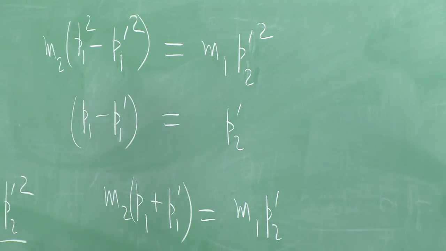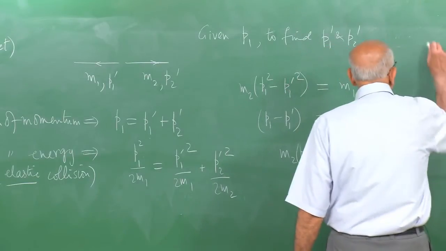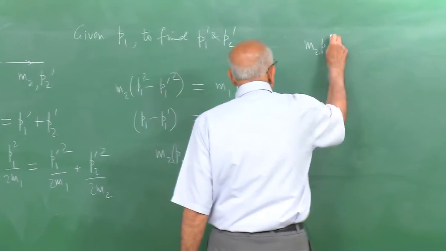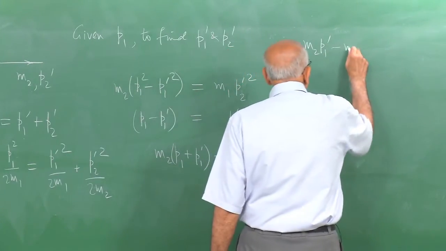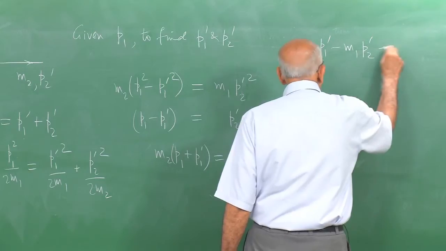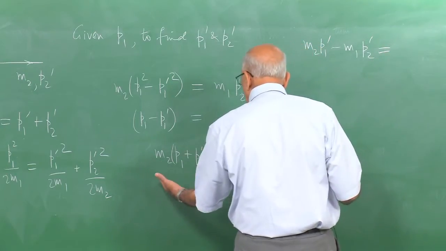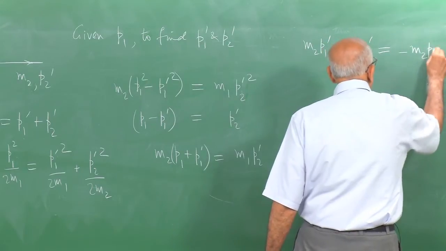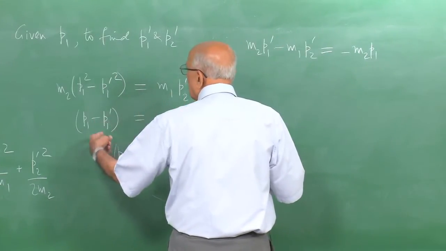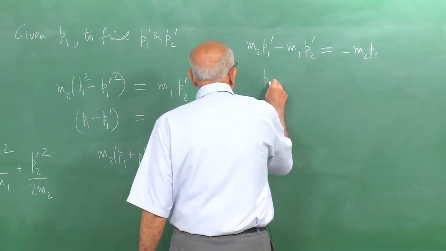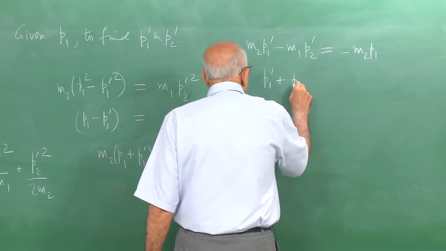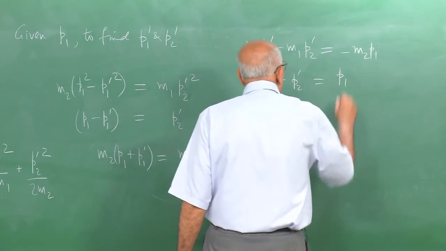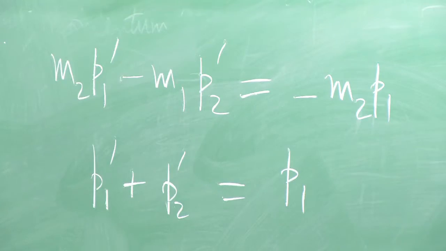We have made them linear equations now, and one of them is m2 p1 prime minus m1 p2 prime is equal to, taking this across, minus m2 p1, and we also have the original equation, which is p1 prime plus p2 prime equal to p1 on the right hand side.